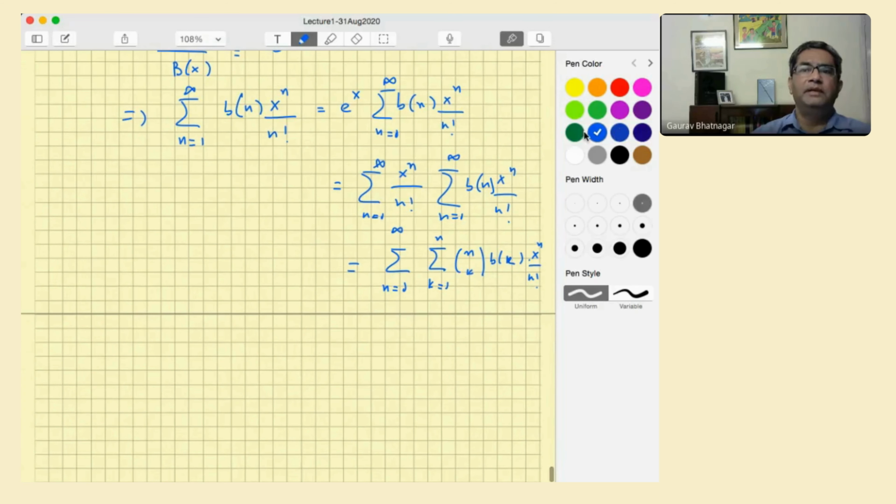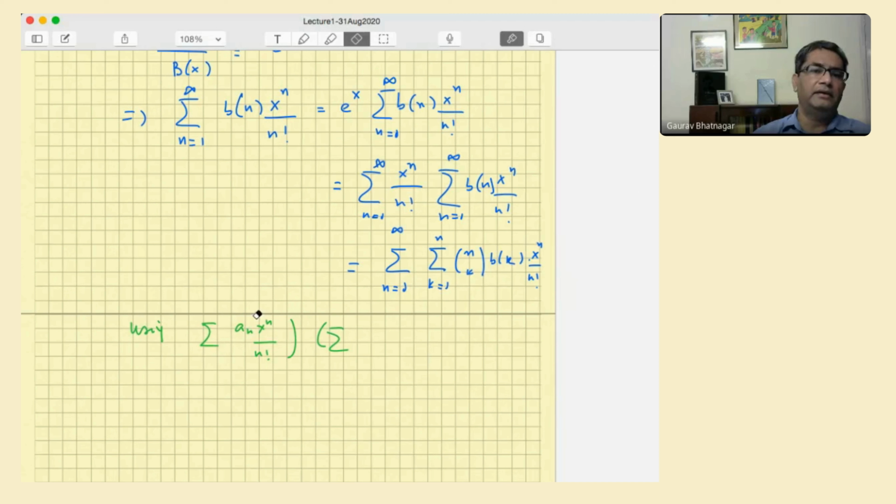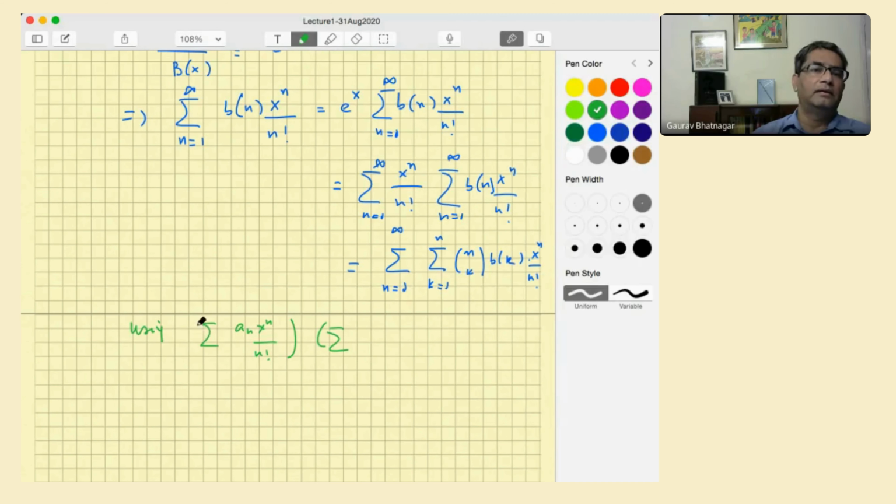So let me just rewrite it using summation of dn x to the n over n factorial, times this, equal to summation of cn x to the n over n factorial.